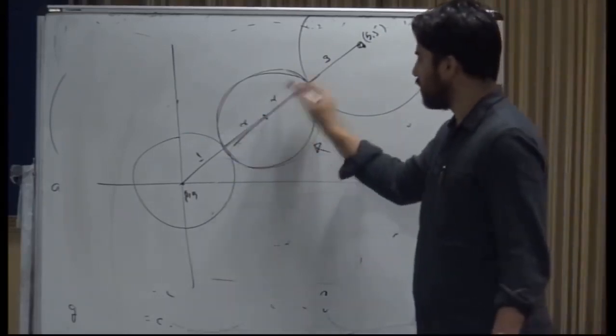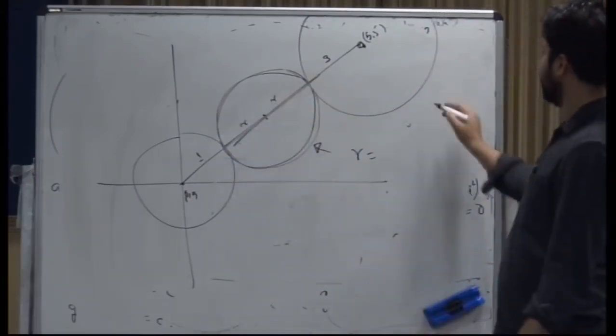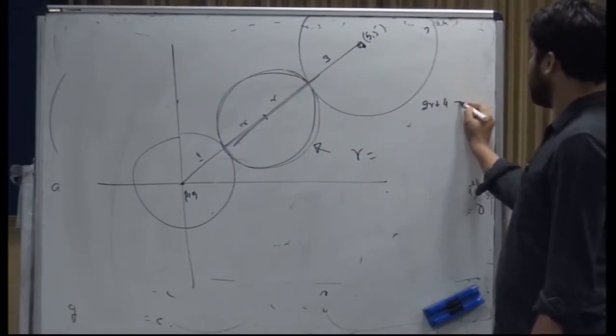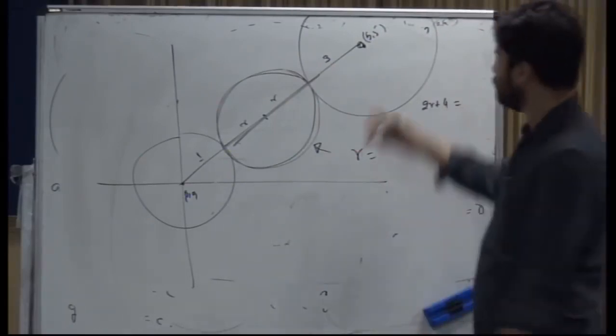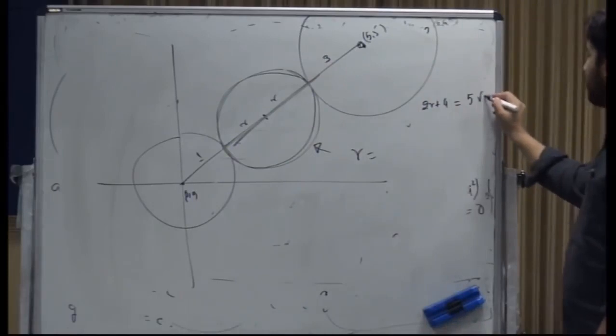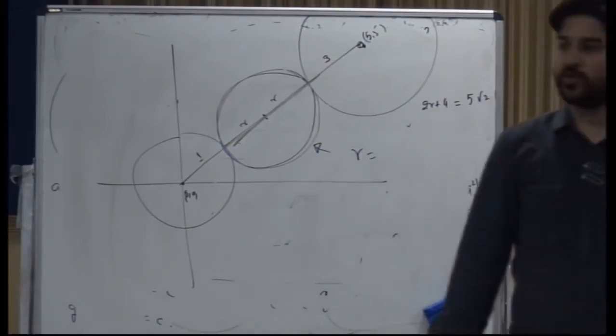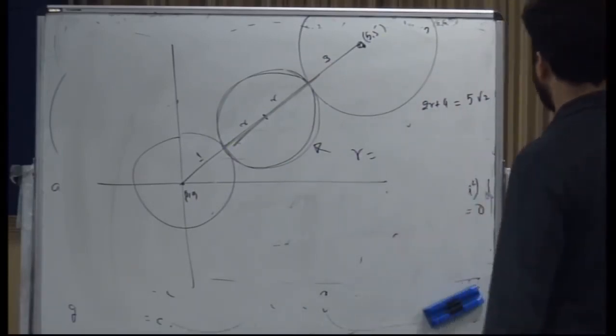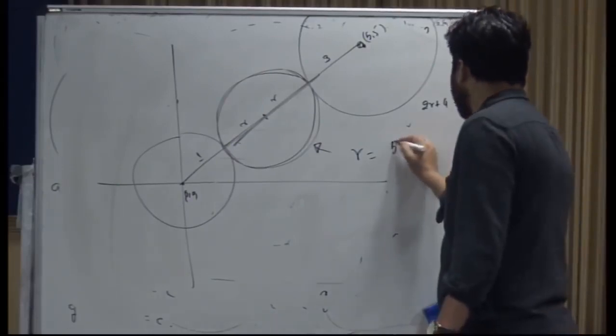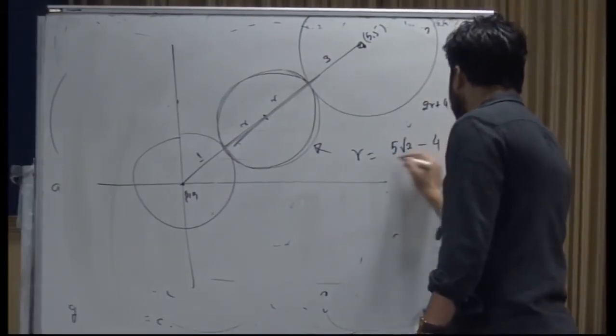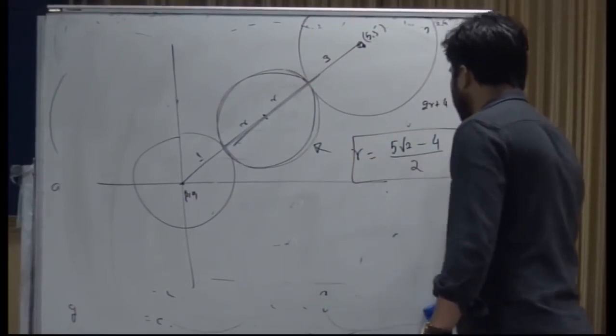This is r, 2r. So 2r plus 4 would be equal to 5 root 2, excellent. 2r plus 4 would be equal to 5 root 2. So r is going to be (5 root 2 minus 4) by 2. So I got my radius.